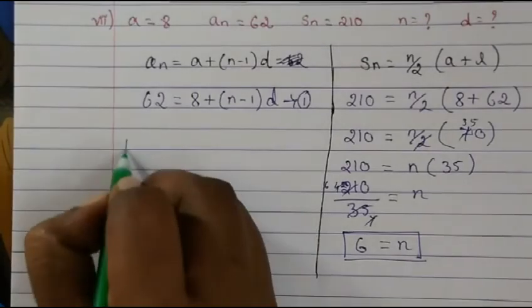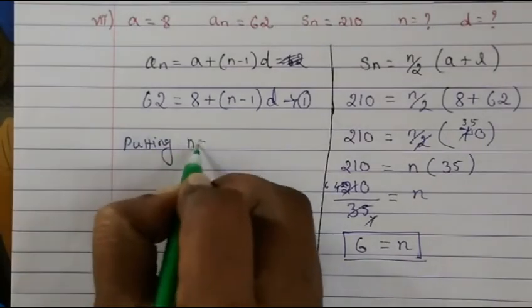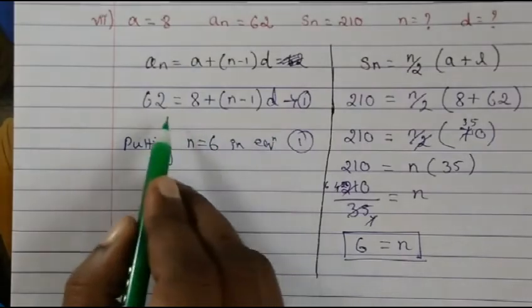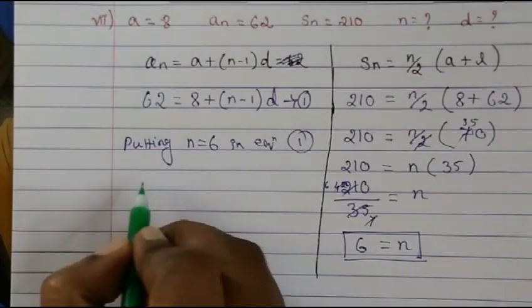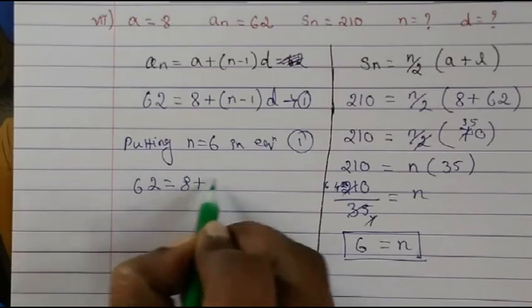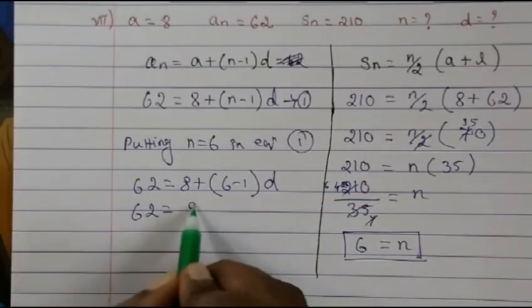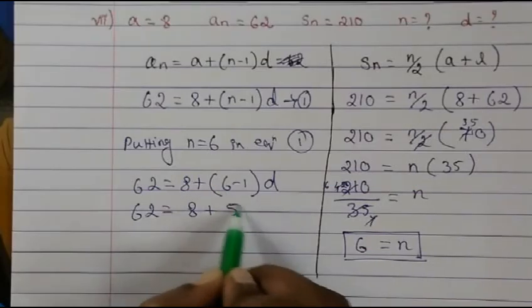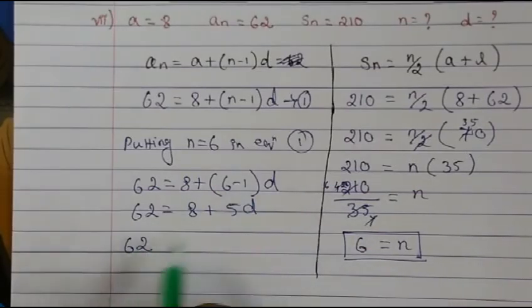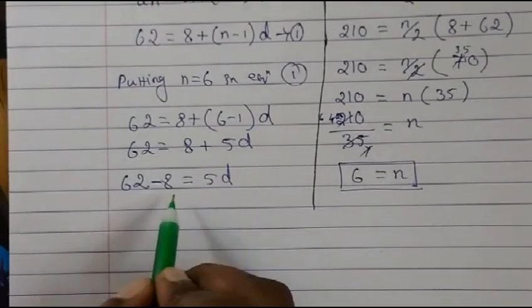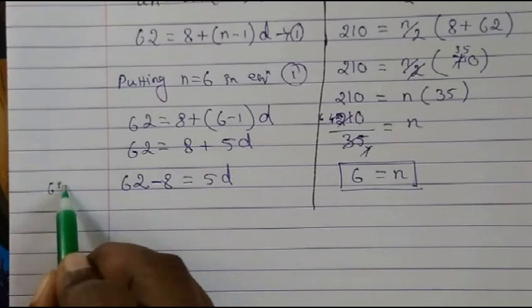So putting n equal to 6 in equation 1. So equation 1 we know that is 62 equal to 8 plus n is 6 minus 1 times d. So 62 equals 8 plus 6 minus 1, 5d. So 62, let's bring this plus 8 to this side, it will become minus 8, so 5d equals 62 minus 8.